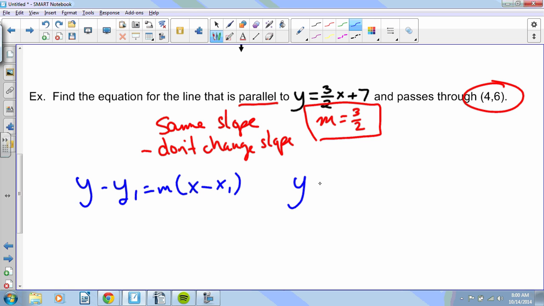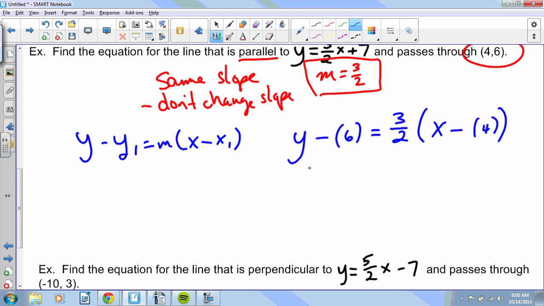So y minus y1, that's 6, will equal my slope, 3 over 2, times the quantity x minus x1, which is 4. Okay, and then we simplify, just like we've been doing the past couple days.